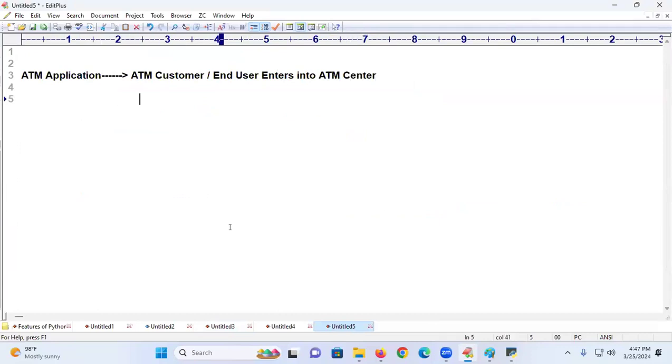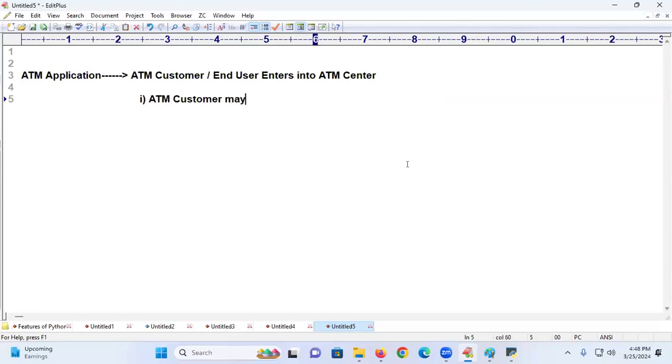Number one common mistake. Suppose I am a code developer. The first thing I will think is, our banker told me, sir, there is a chance that the ATM customer may keep the card in reverse order. Correct or not?